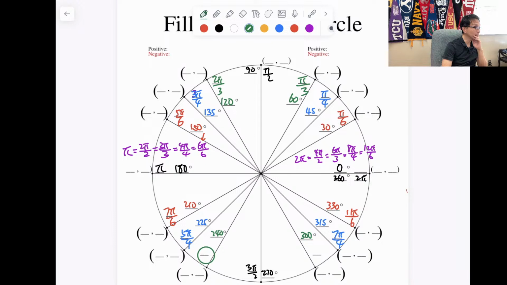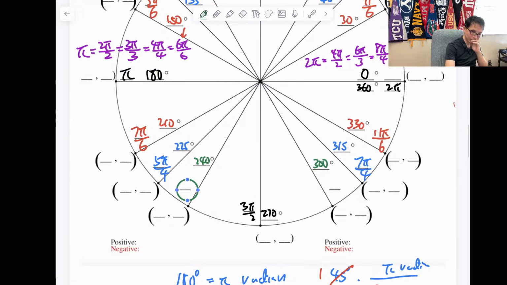Edison. 4 pi over 3. Okay. 4 pi over 3. Last part will be here. 5 pi over 3. Okay.